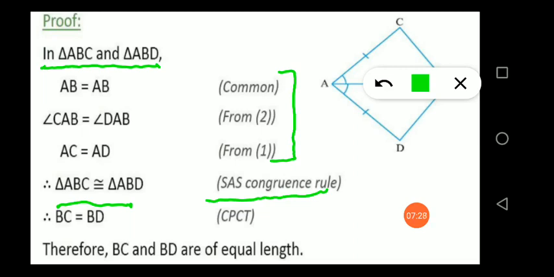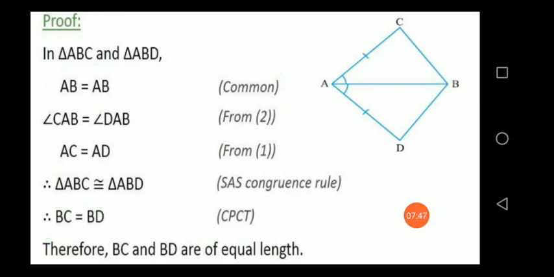And after that, since the question is asking about BC and BD, we will write BC and BD are equal by CPCT. I hope it is clear to all of you. So let's move to the next question.